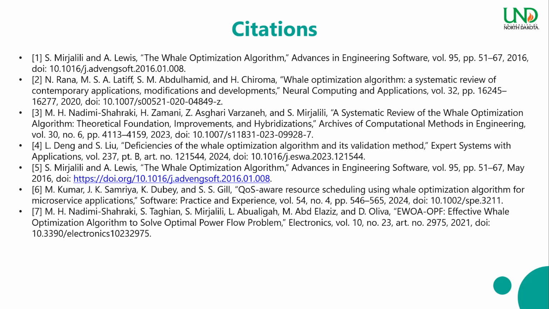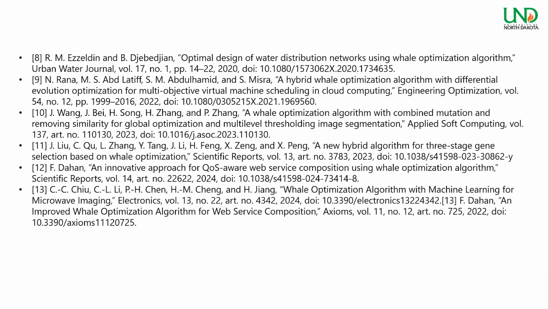And then 6 and 7 are the specific domain problems that we saw. 6 being the resource scheduling in cloud computing, and 7 being the power grid optimization problem. If you want to do further reading, here are some more industry uses that I found that seemed really interesting to explore.